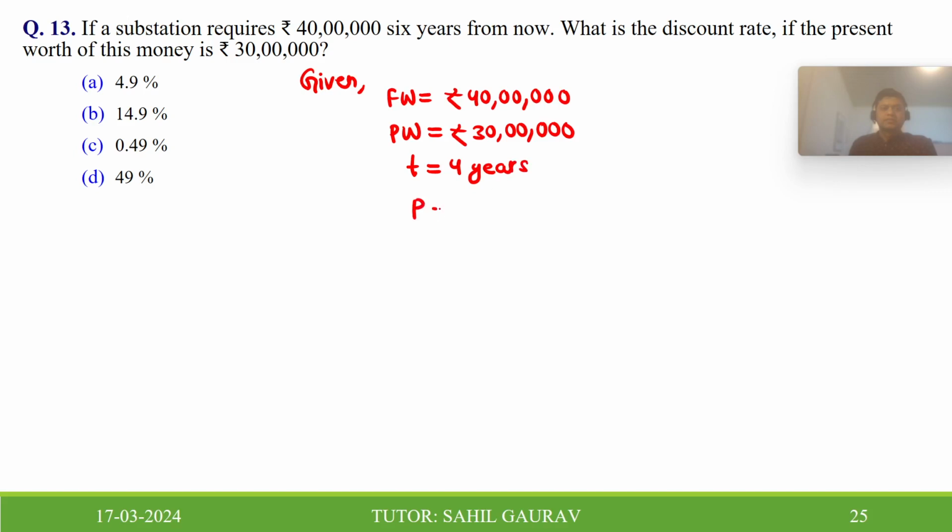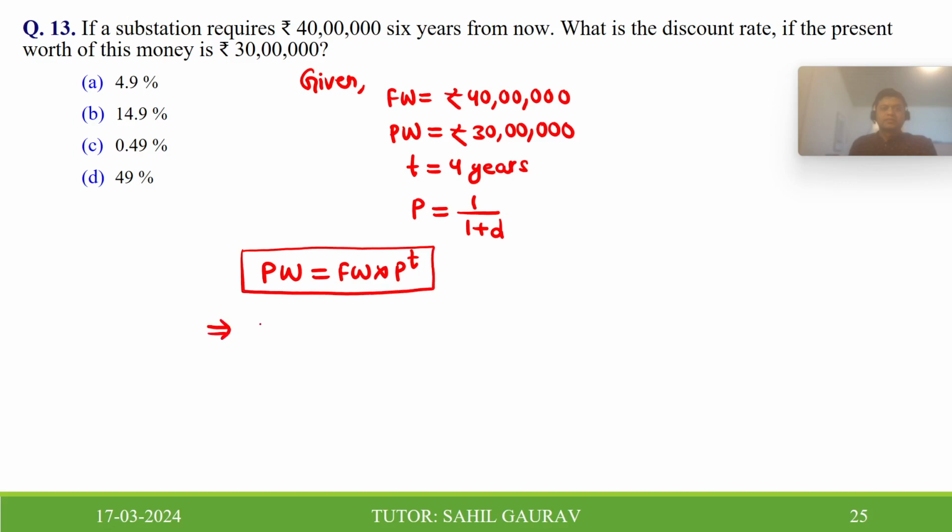You have to find the discount rate. We know that the present worth factor is 1 upon 1 plus d, and present worth is equal to future worth into the present worth factor. So 30 lakh equals 40 lakh into 1 upon 1 plus d to the power 4. If you solve this, you will get the answer.